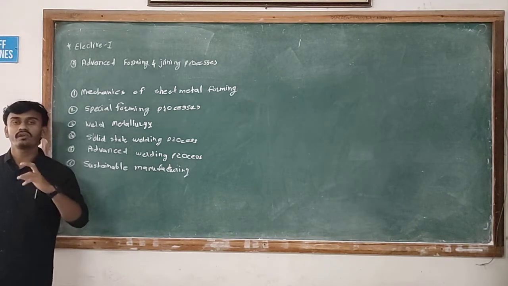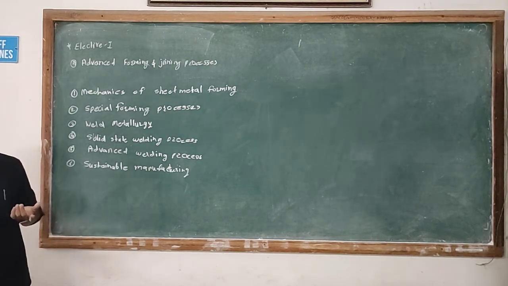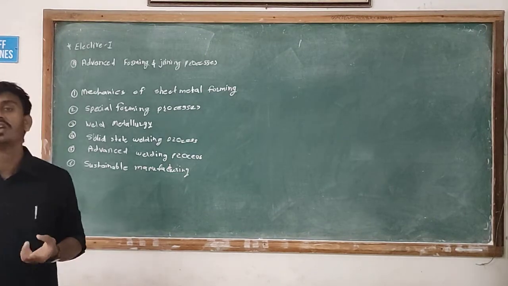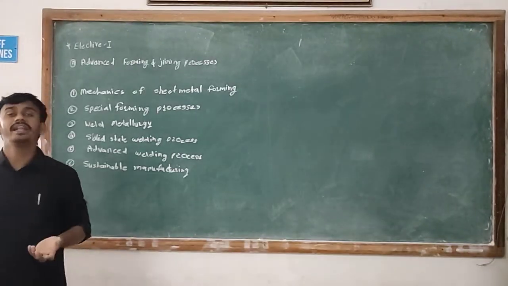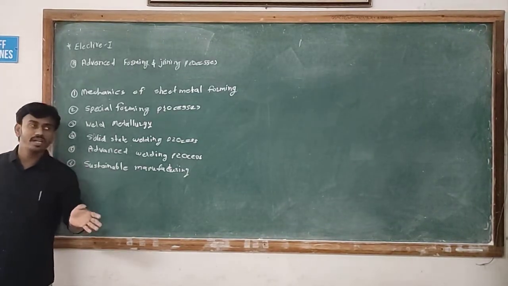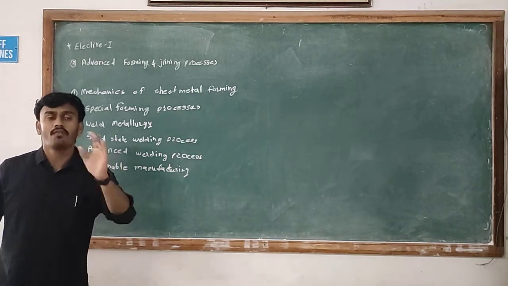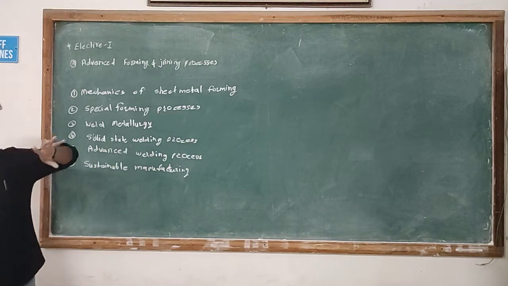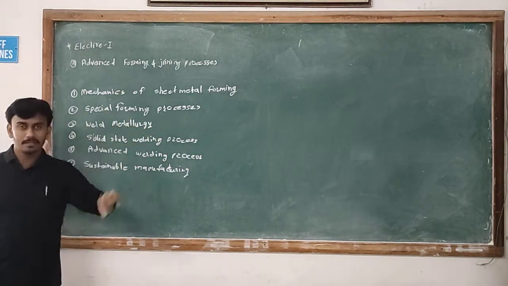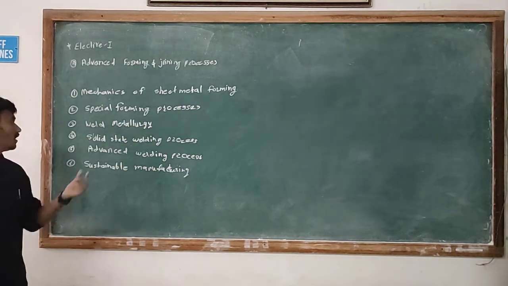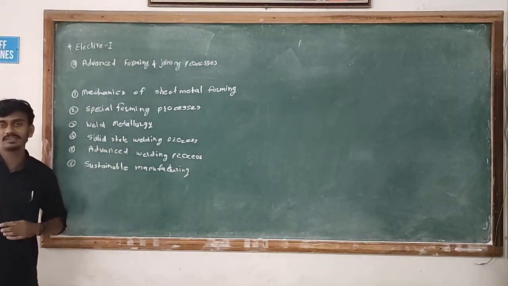If we want to weld a low density material or a material having a low melting point, which welding process do we need to select? All these things we will discuss in weld metallurgy.